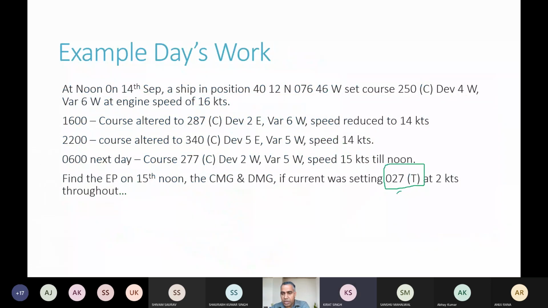So this becomes our course and the rate of current is 2 knots.